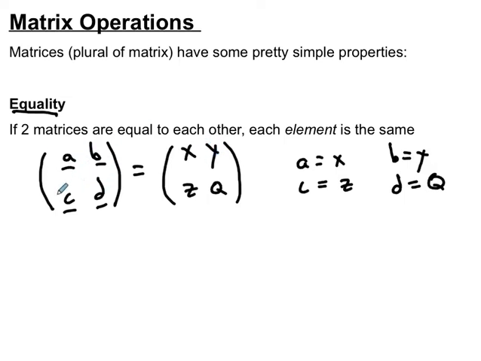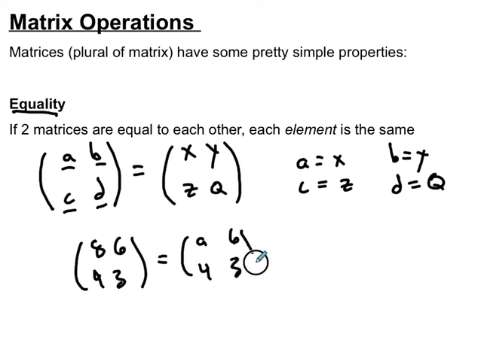So you might be wondering when this might apply. You'll see matrices where you have to find out what a variable is when you actually have a number. So I'll do one of those now. If I say that I have 8, 6, 4, and 3, and this is equal to a matrix that says A, 6, 4, and 3.